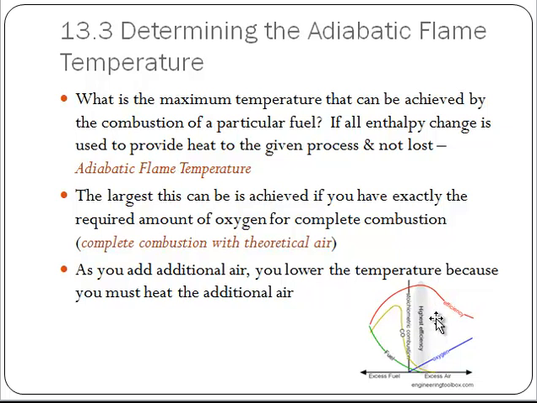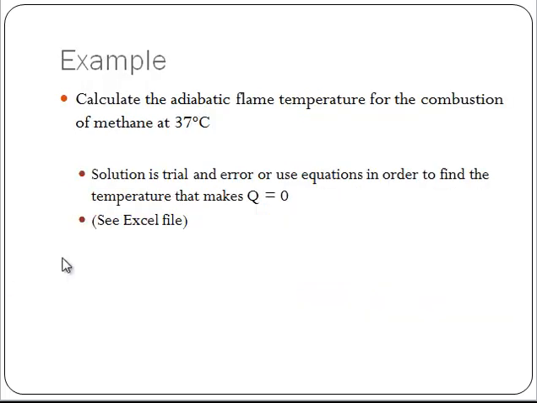So what we want to do is see if we can determine the final burn temperature, or at least get an upper estimate of this. So let's do this through an example.